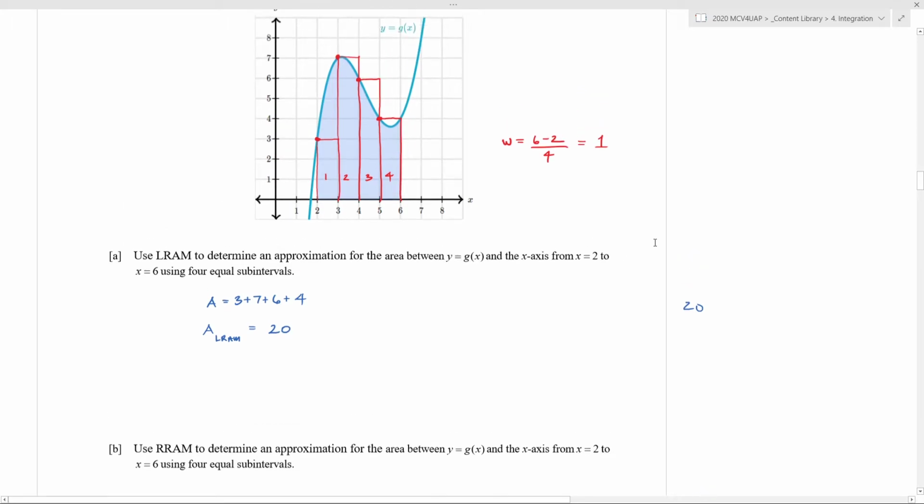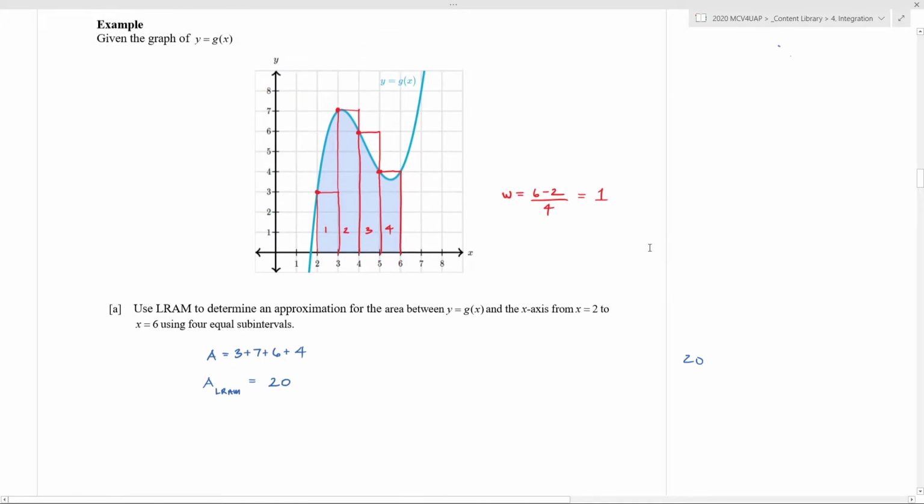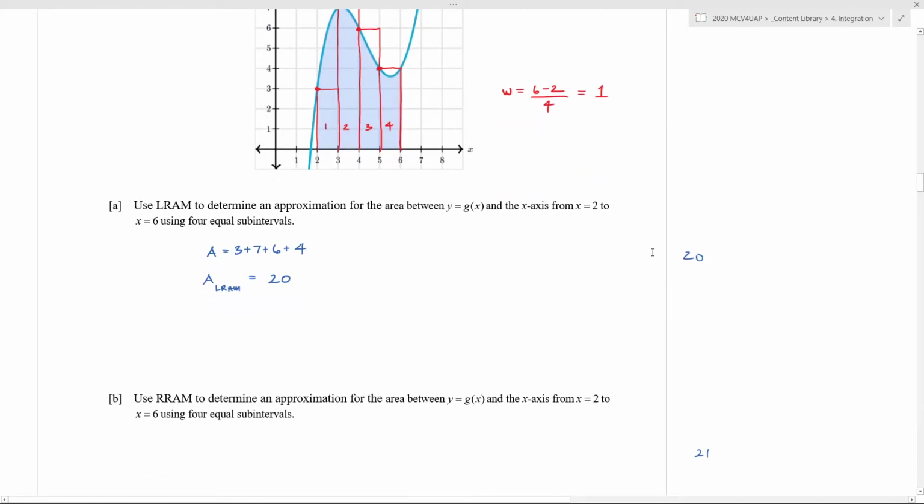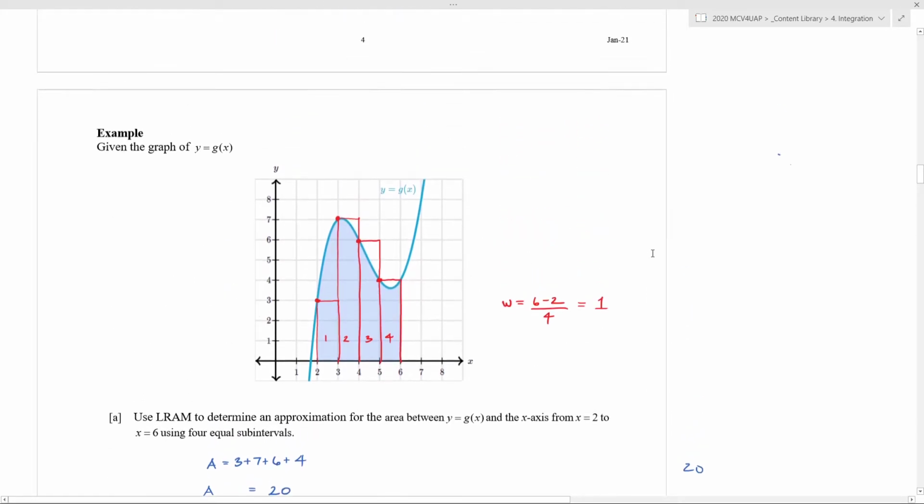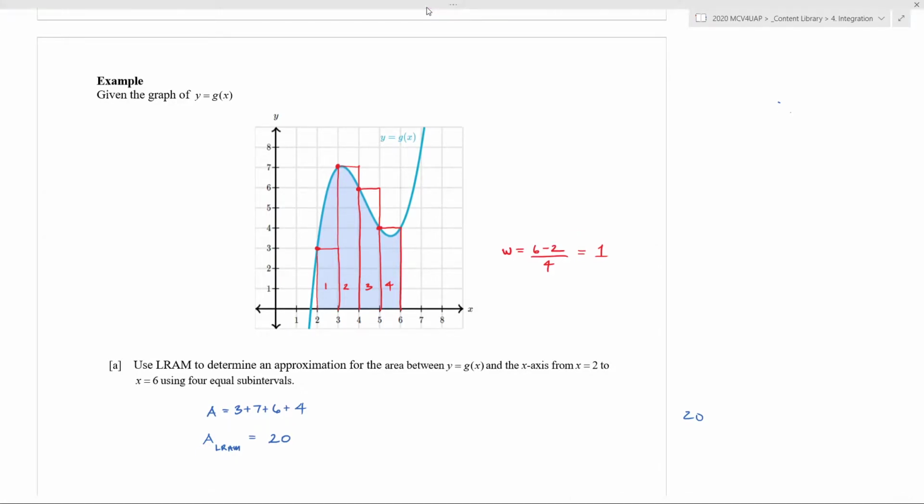So again, the width of each rectangle is 1, but now I need to use RRAM. So I'm going to erase most of what I've drawn there. And now I need to draw rectangles such that the right-hand top corner lines up with the graph.